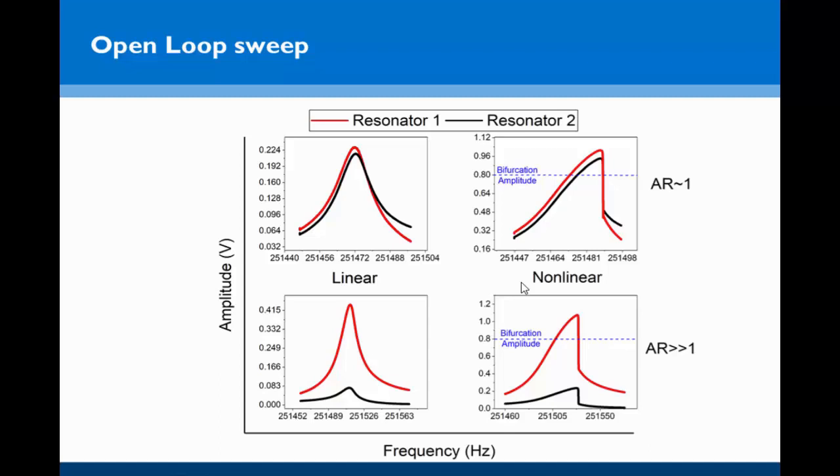However, when the amplitude ratio is far greater than 1, we see that although the theoretical bifurcation limit is here, this resonator actually goes into an unstable regime, even though it's not vibrating at that vibration amplitude. And that results in a disproportionate change in the amplitude ratio, which results in this variation of amplitude ratio when we go from linear to bifurcation to beyond bifurcation regimes.